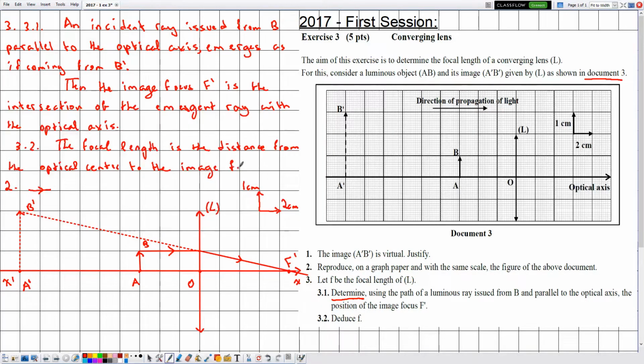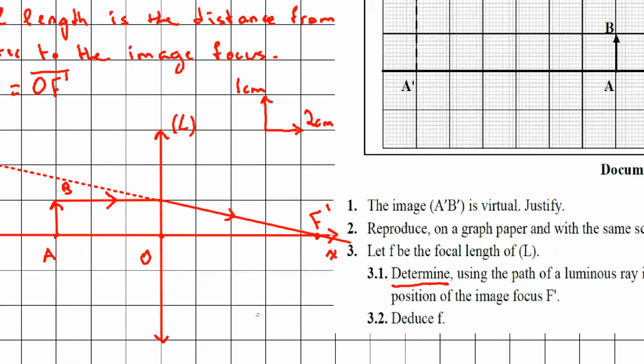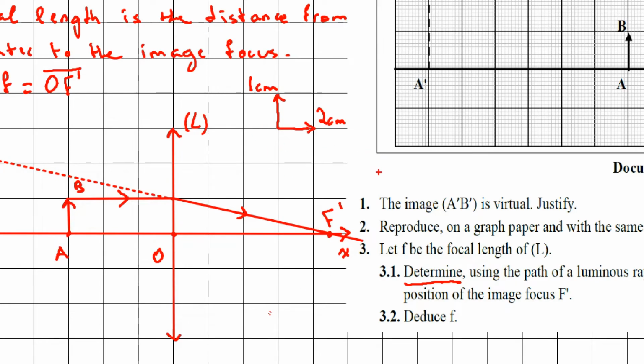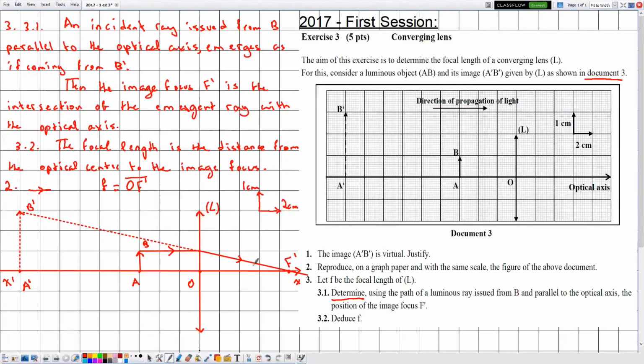And now let's calculate the focal length. So f is equal to the distance from the optical center, which is the point O, to the image focus, which is the point f prime, and we don't forget the bar because a distance may be positive or negative. So now f is equal to O f prime bar, which is the distance from the optical center to the image focus, which is in the same direction as the positive x-axis. Therefore, the focal length is positive.